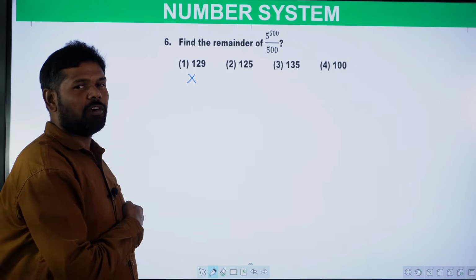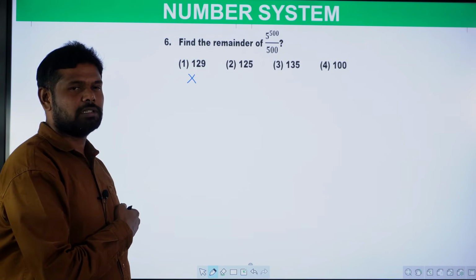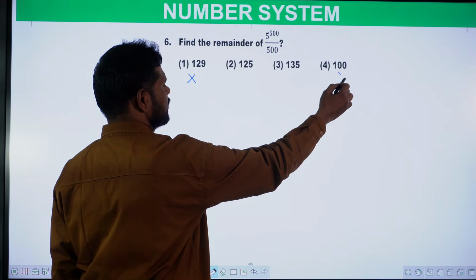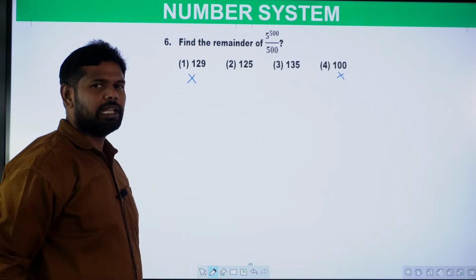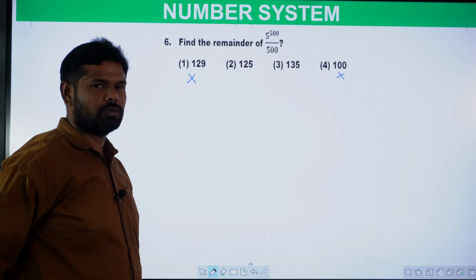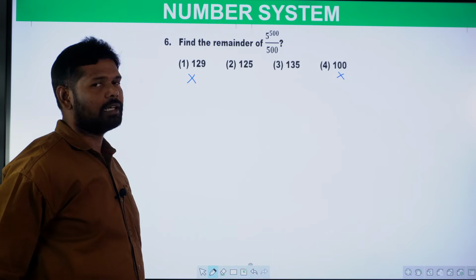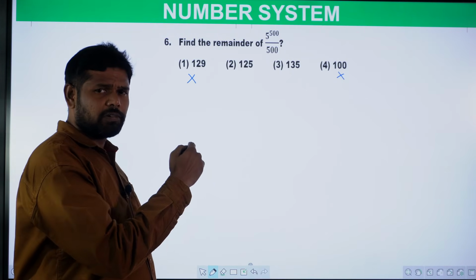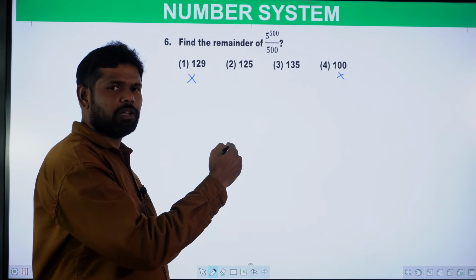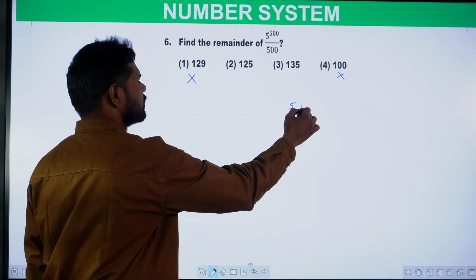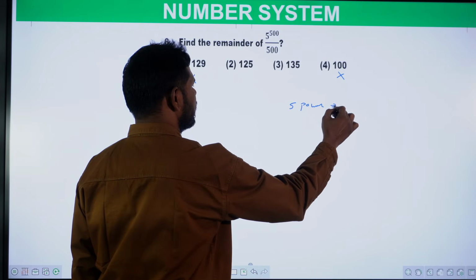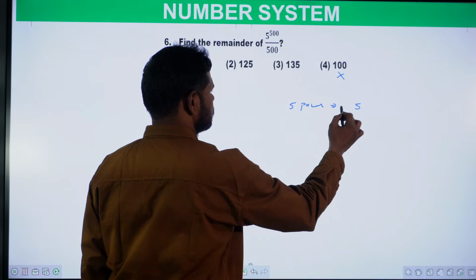Why? Because powers of 5 always end with 5. So this 100 is also eliminated, why? Ending with 5, the remainder also. Two options, 129 and 100, are directly eliminated. 5 power 1 is 5, 5 square 25, 5 cube 125, all powers of 5 end with 5 only.